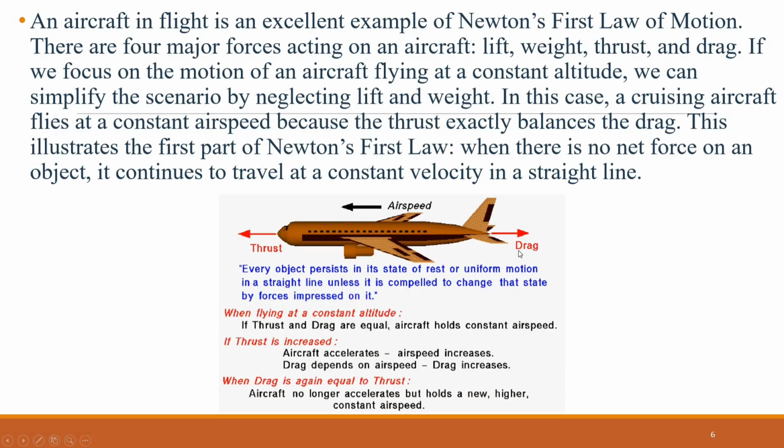As the aircraft speeds up, the drag also increases because drag depends on the square of the velocity. Eventually, the drag grows to match the new thrust level, at which point the forces are balanced again. The aircraft then continues to fly at a new constant velocity, which is higher than the initial speed. Once more, we return to the first part of the law, constant velocity when net forces are zero.